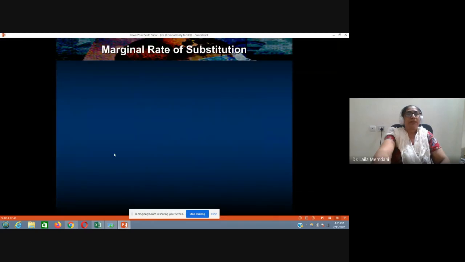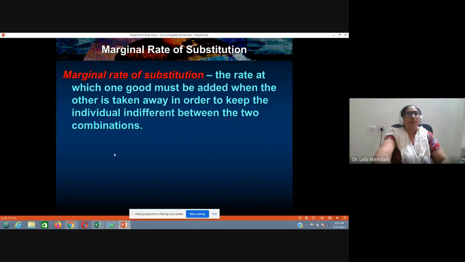Now, coming to the marginal rate of substitution. Marginal rate of substitution implies the rate at which one good must be added when the other is taken away in order to keep the consumer indifferent between the two combinations. That is, in order to keep the individual at the same level of satisfaction.